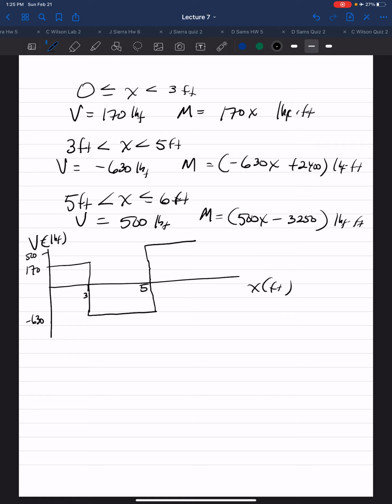For your moment diagram, the y-axis is your moment, pound force feet. When x equals 0, M is 0.